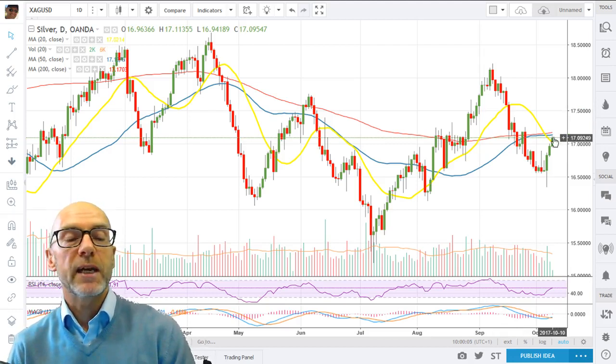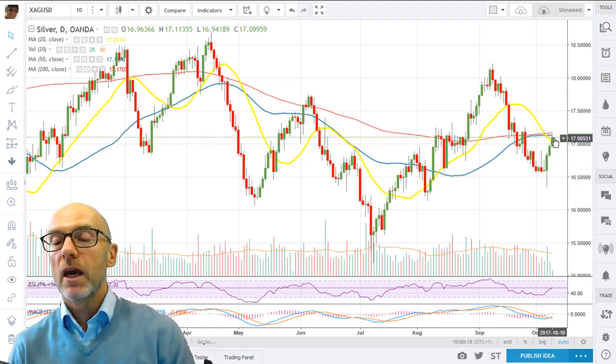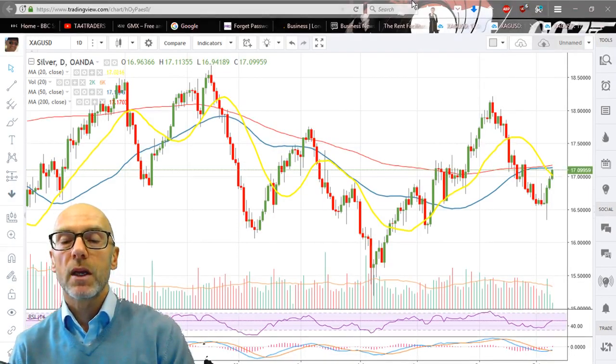The 50-day presently is at 17.12 and the 200-day 17.17. So be aware, if we can get above those levels, they could give a bit of a push as they are moving upwards still.